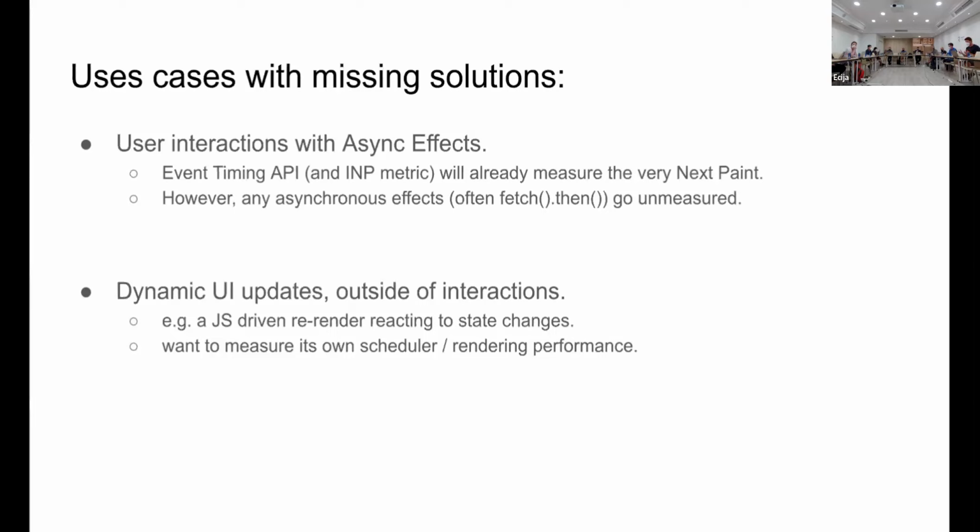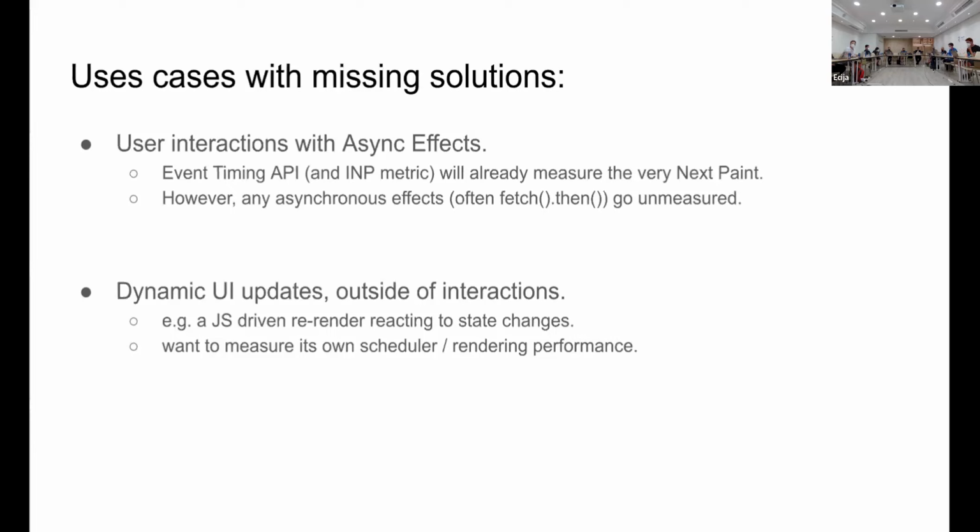We could talk more about that, but I will point out that in the web framework space, this is becoming a very common pattern where, out of the box, more and more rich applications have asynchronous effects. A developer might just write an event handler, do nothing else, and the framework lazy loads that event handler after the interaction. It captures the interaction, queues it up for later, and then the synthetic event dispatch is completely hidden from the developer. And so the browser loses the ability to measure that in the first place.